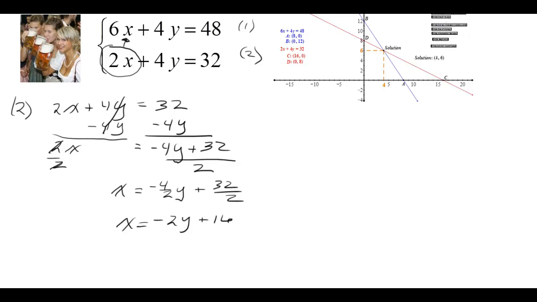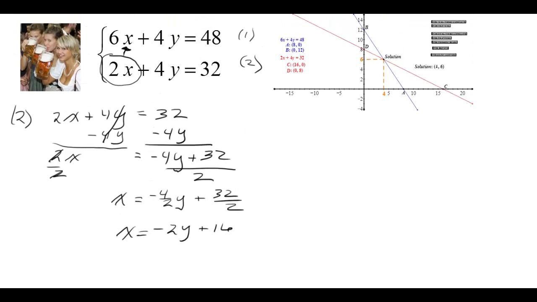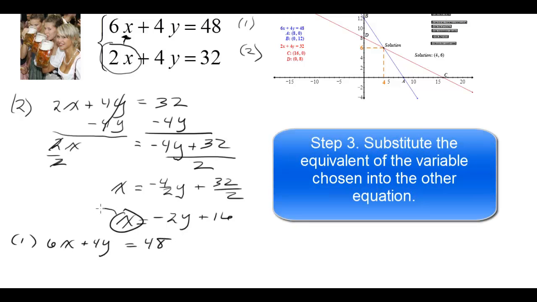Okay, so I now have solved this in terms of x. I now want to plug it into equation number 1. Equation number 1 is 6x plus 4y equals 48. So what I'm going to do is take the equivalent of x and substitute it for that x value.